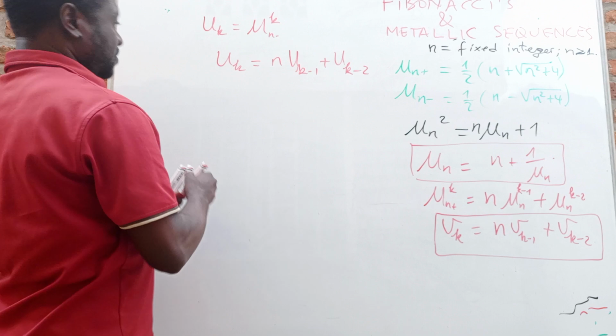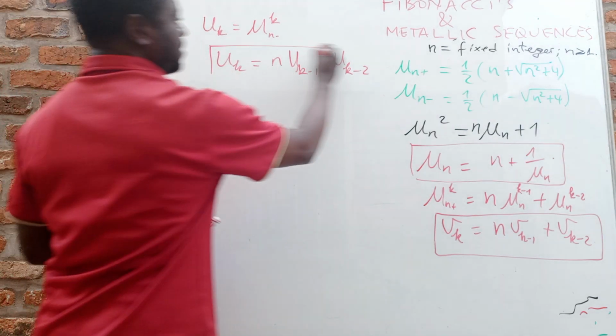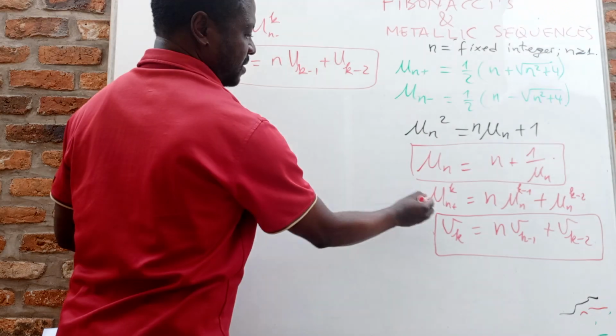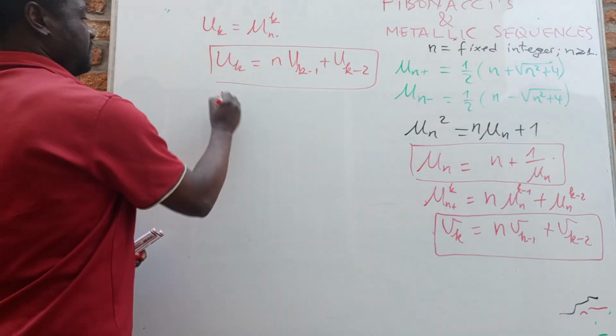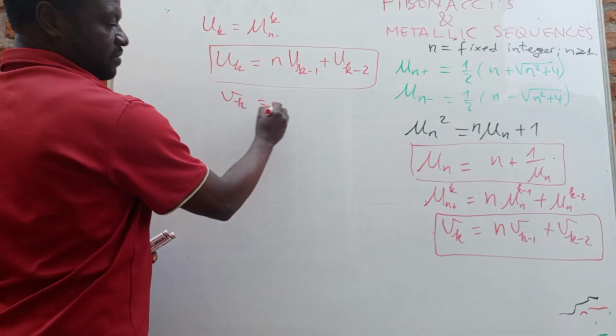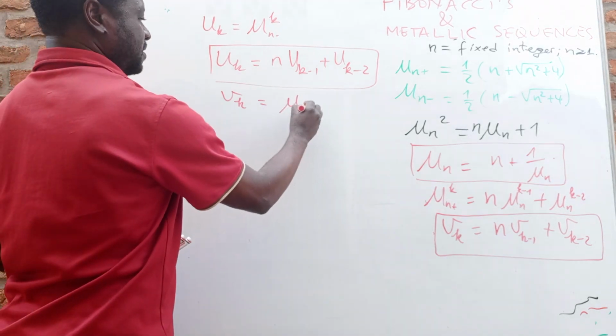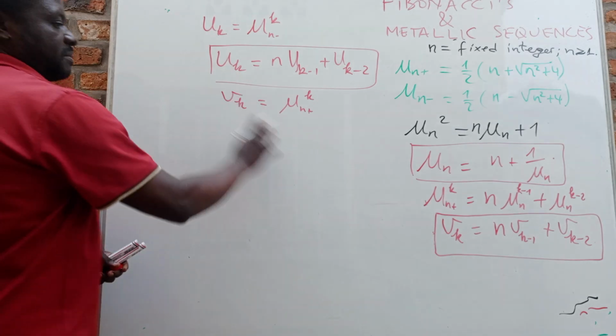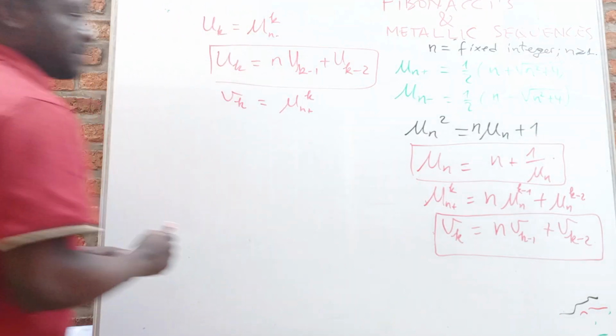So this has the same properties as the sequence vk, which is equal to mu n plus power k.